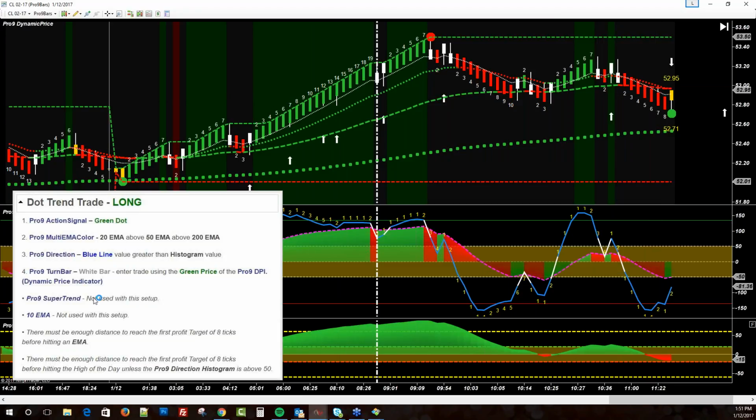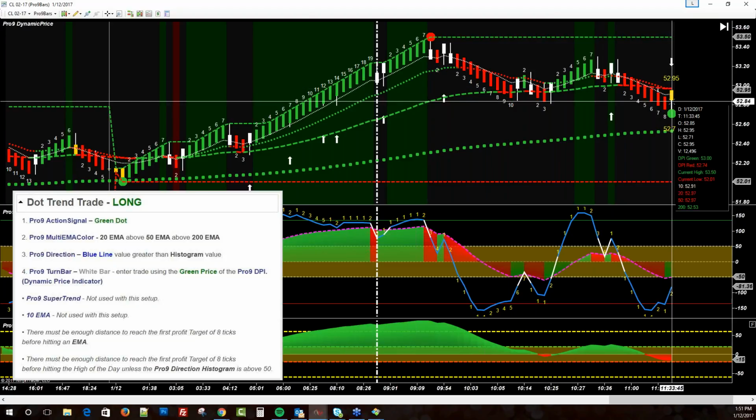So in this, we're not concerned with the super trend. We're not concerned with the 10 EMA. So we need our green dot. We need our 20 above the 50 above the 200, which these EMAs are very close. It's possible they are. When we check the data box, we only see 2 decimal places, but there are more that are calculated that are just not displayed.